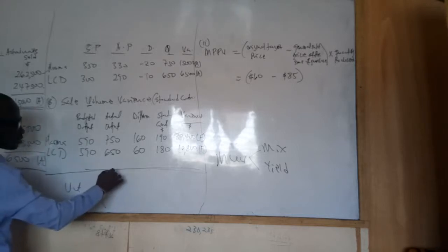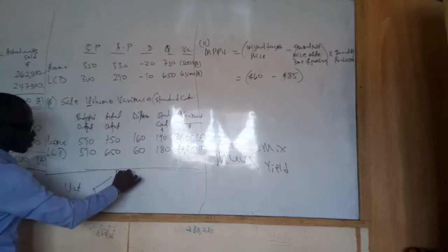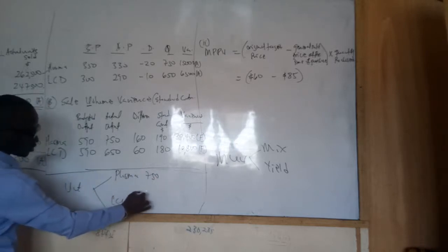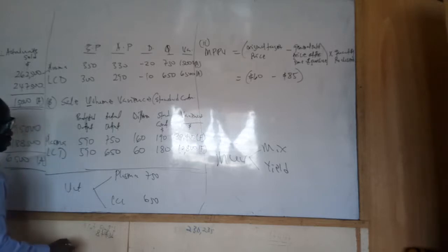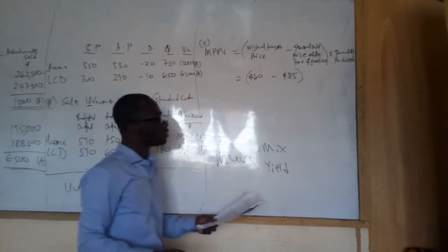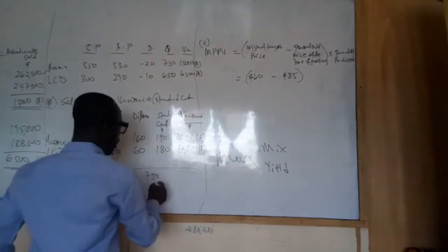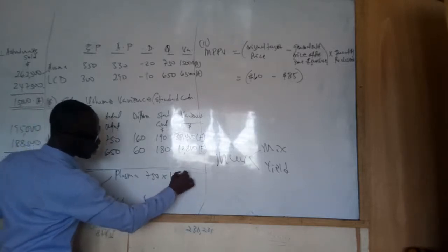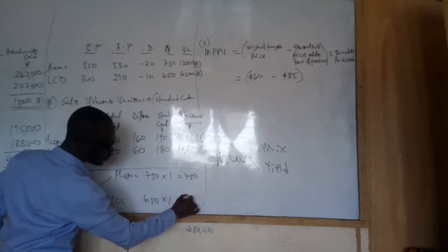Actual units: 750 for plasma and 650 for LCD. So each of these requires 1. So 750 plus 650, what do we have?